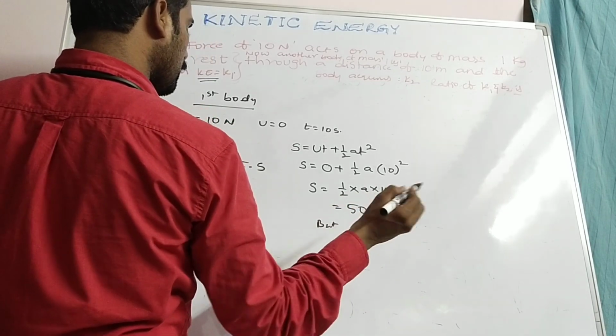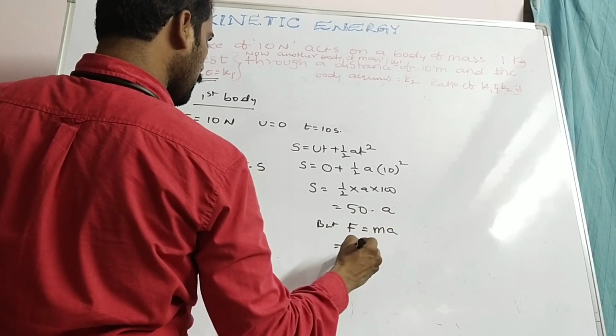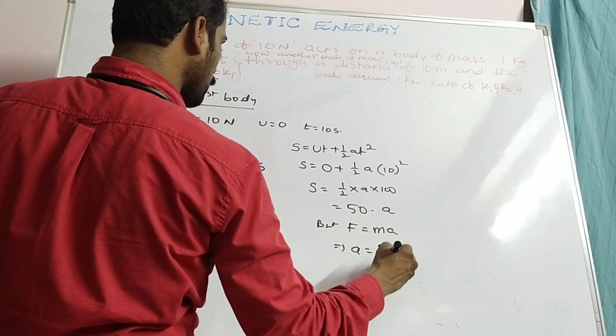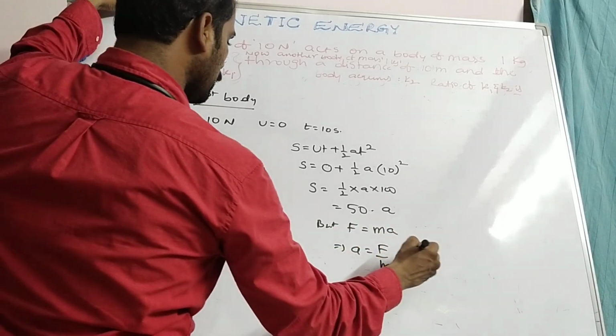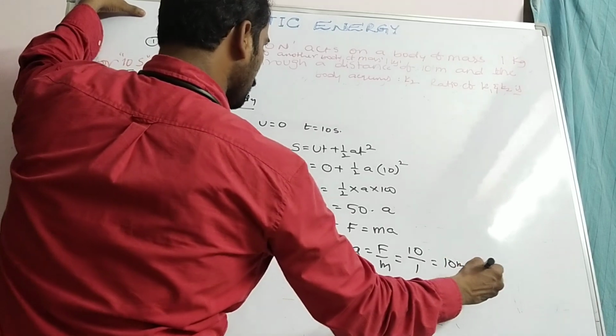But we know F is equal to ma, that implies a is equal to F by m. So force is given 10 Newton, mass is given 1 kg, so acceleration is 10 meter per second square.